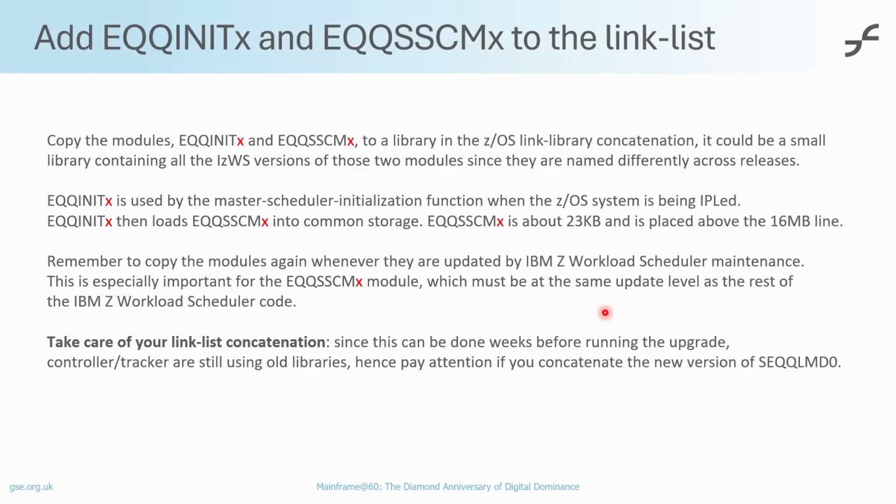EQQINITX is a module that is used by the master scheduler initialization function when the z/OS system is IPL'd, okay? So this happens at the very beginning of the IPL before any other tasks are running, including JES or OMVS.